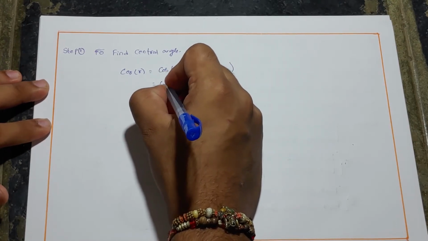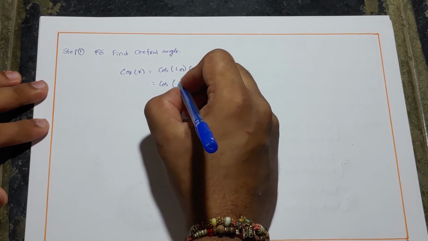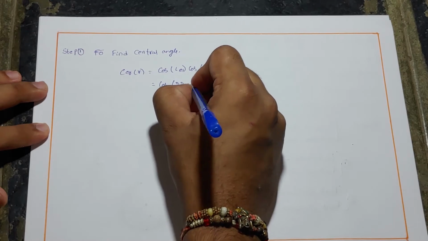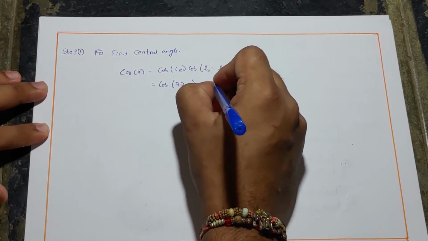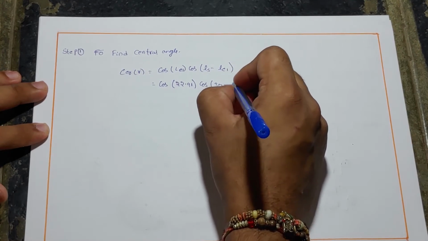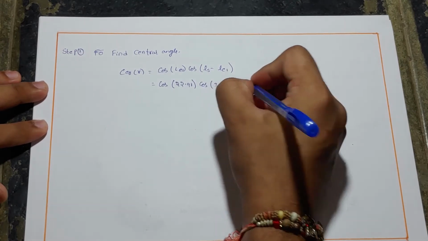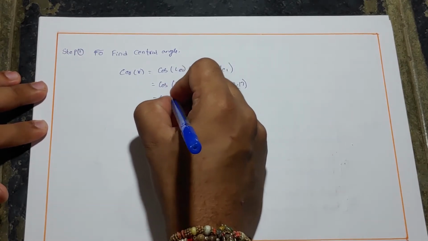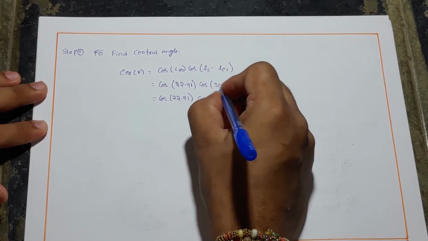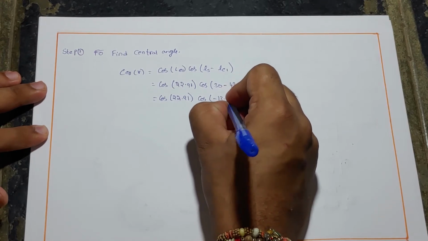That is cos of 22.91 degrees times cos of 30 minus 43.17, which is minus 13.17.